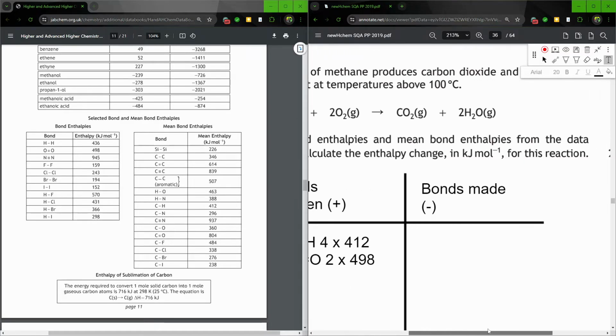So now let's see what bonds we've made. We've made 2 carbon to oxygen double bonds, so I'll put that in. And a carbon to oxygen double bond is 804.